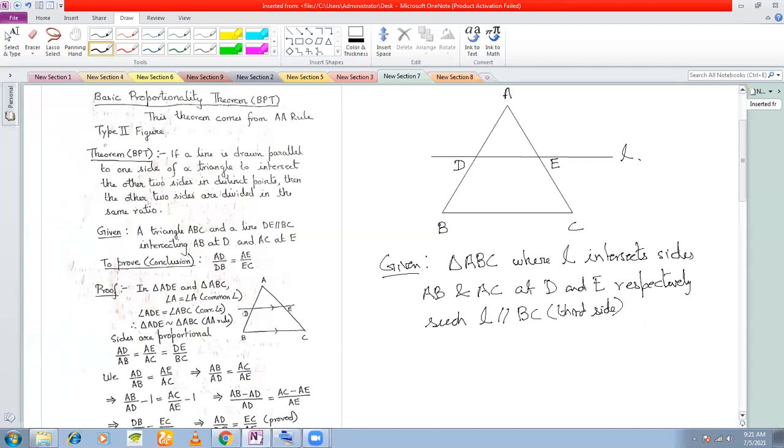Not any straight line that intersects, but this straight line also has to be parallel to the third side.